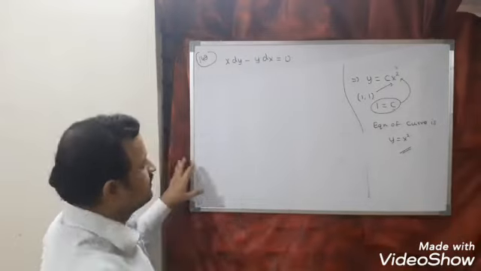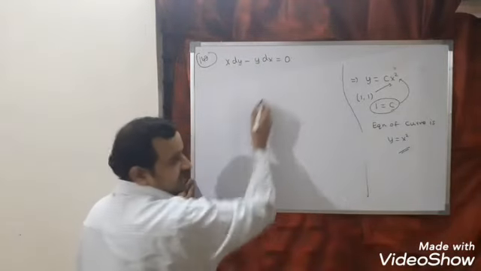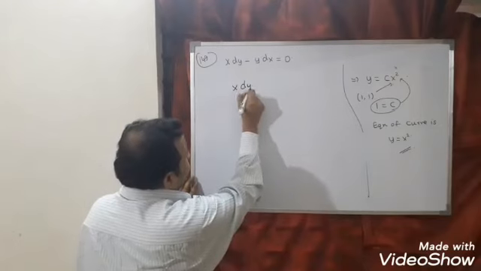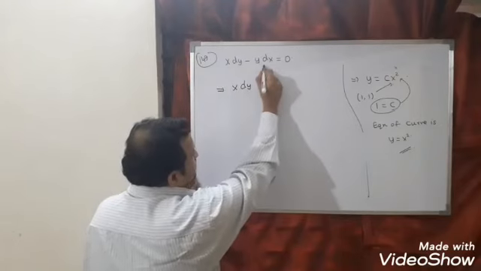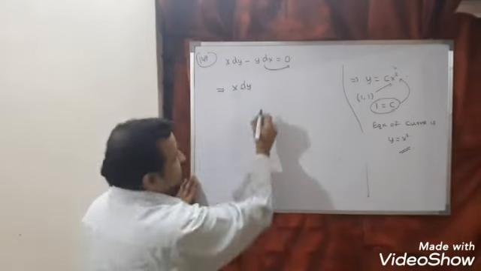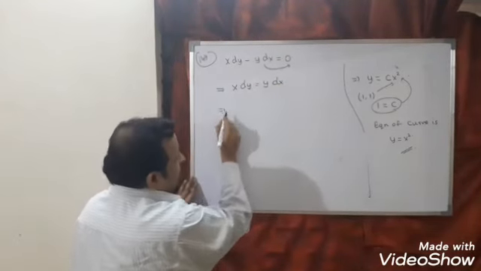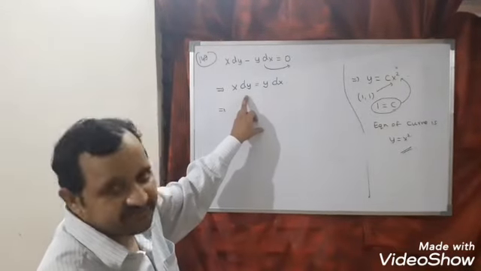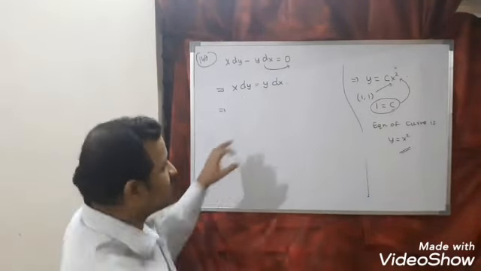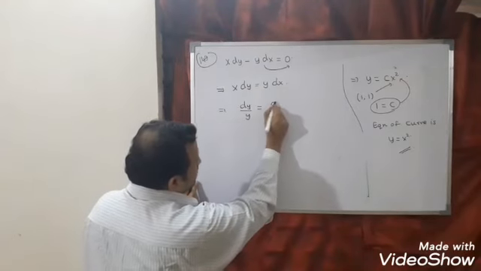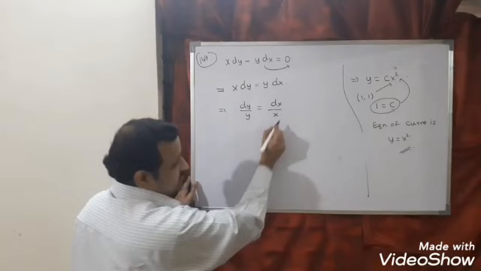Again, by seeing the question we can say it is a differential equation. So we can write this as x dy, this term I am shifting to this side, is equal to y dx. What I am doing here is this y I am shifting here and this x I am shifting here. So what you will get? dy by y is equal to dx by x.